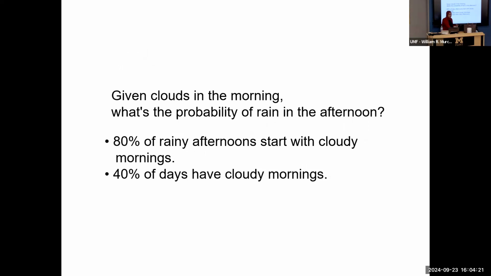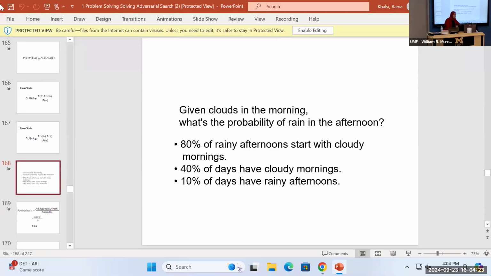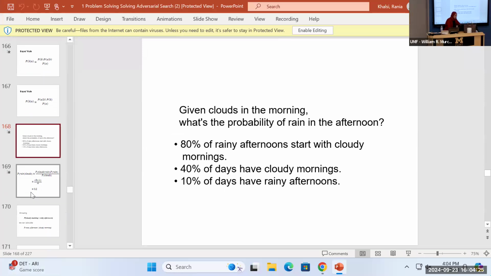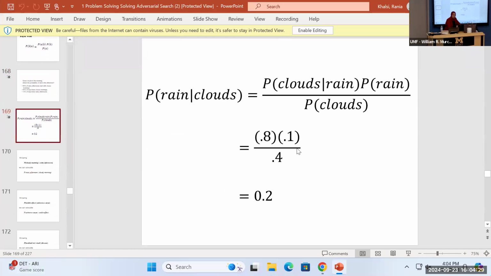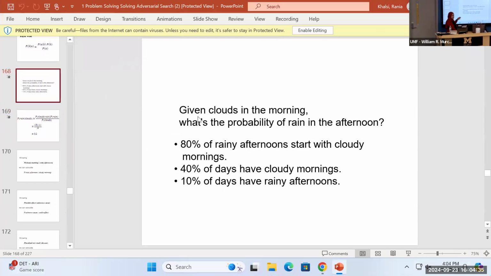You are going to have that as a homework as well. And try to predict, or if I may share this one with you, it's a direct application of the previous equation. If, for example, I know very well, given it's cloudy this morning, what is the probability of rain in the afternoon? I know that 80% of rainy afternoons start with cloudy mornings.